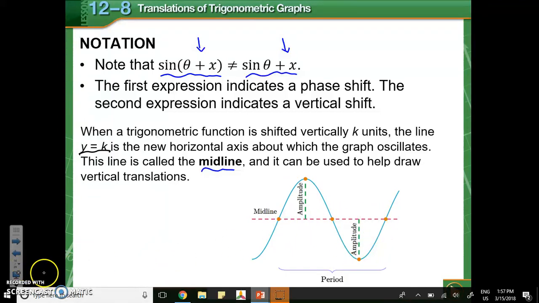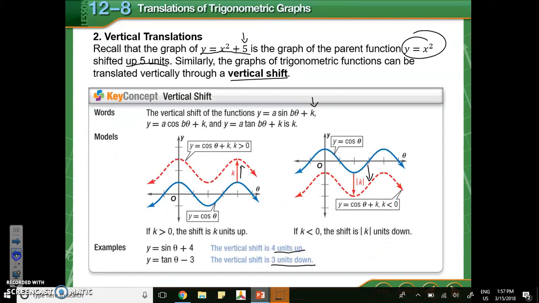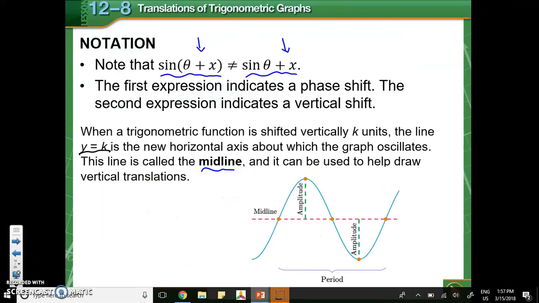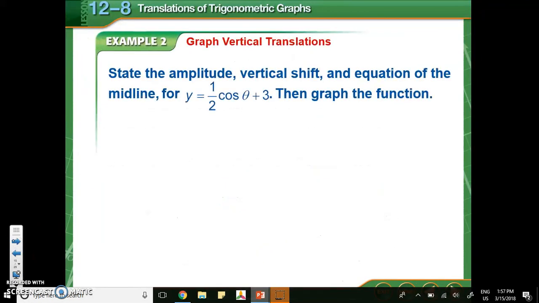So if you look back at graphs we've done before, for example, the blue graph here, which is the original cosine graph, the midline is the x-axis, right? It's going above the x-axis, below the x-axis. When I move it up k units, I get a new midline that my graph is oscillating or waving around. And usually drawing in the midline will help when you're graphing vertical translation.